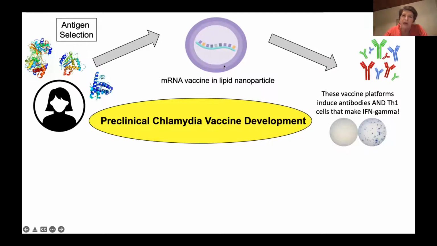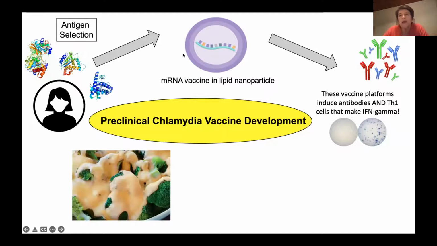But we found out from multiple studies over the pandemic that these mRNA vaccines not only induce strong antibody responses, but they also drive really great Th1 cells that make interferon gamma. And that's because of the way the mRNA is packaged in this lipid nanoparticle.